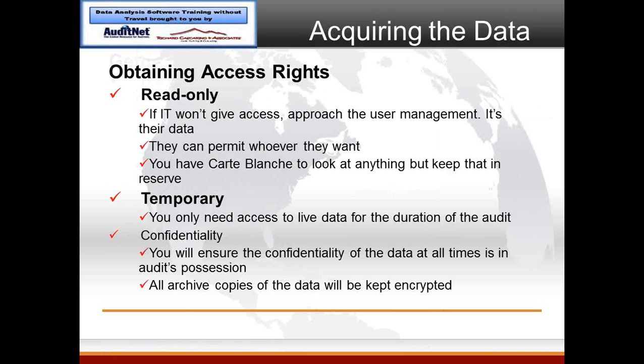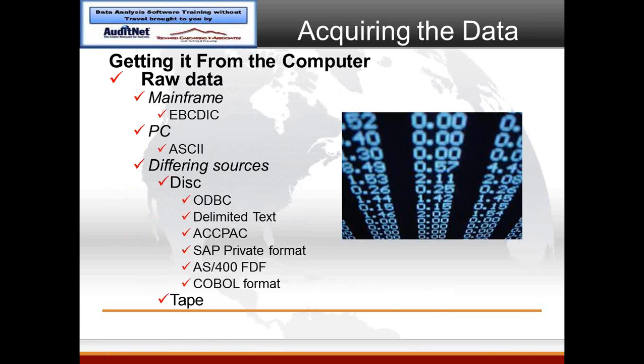Getting the data from the machine, raw data could be from a mainframe, it would be possibly EBCDIC, from a PC, possibly ASCII. They're going to come in from all of those different sources that we've talked about, and there's one that we haven't mentioned. They could come in from tape. Okay. They could give you a magnetic tape. Here is our backup tape.